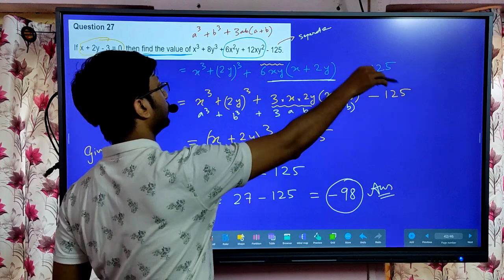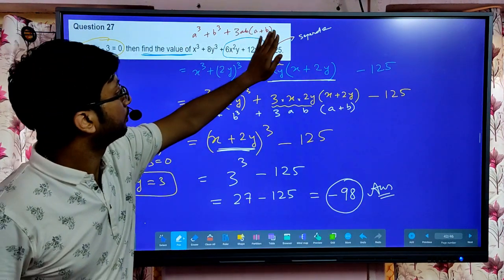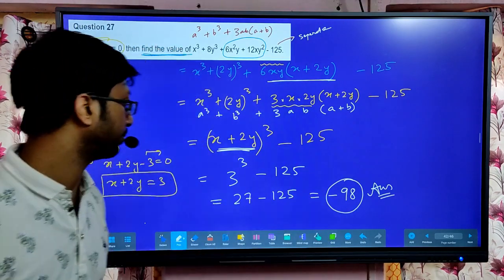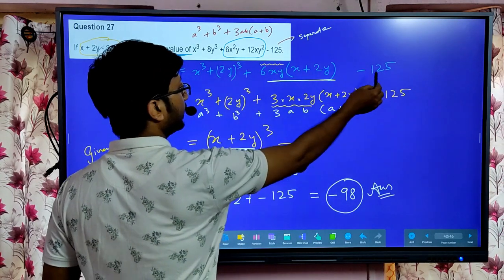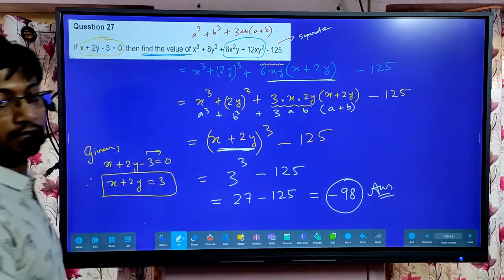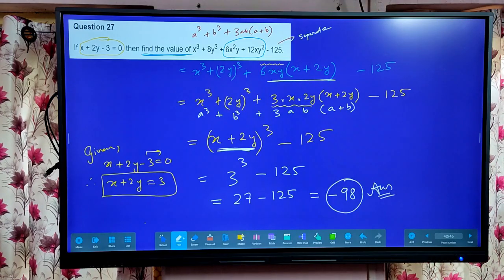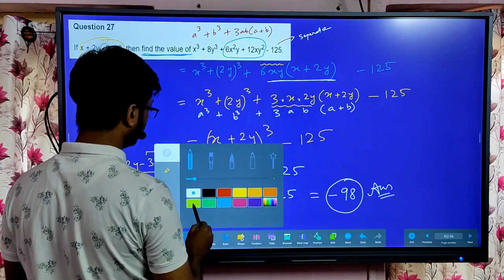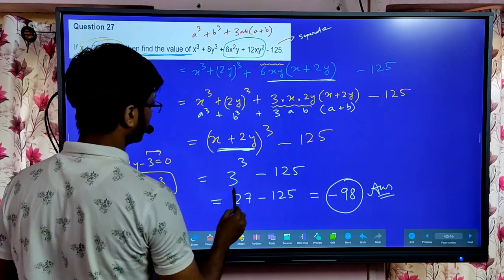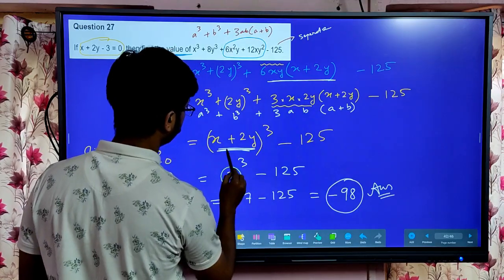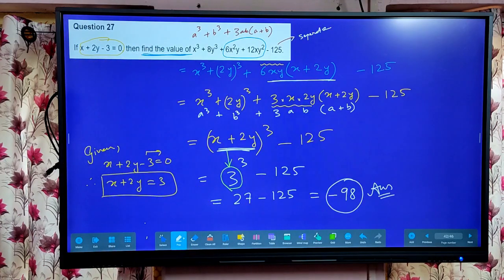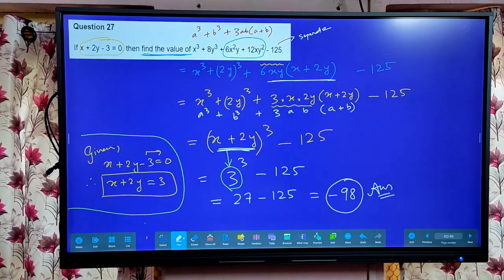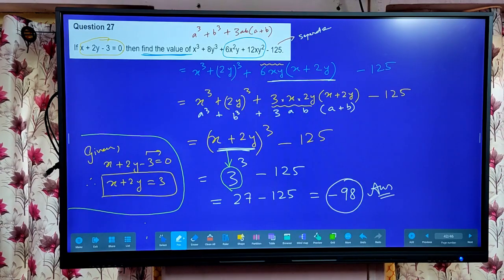This will stay separate, alone. Only this portion is the formula. 125 is separate. It will come and be calculated in the last step. See, 125 is getting carried forward and only used in the last step. This x plus 2y value is 3, and I have got this from what is given to us. So write it down. I will move on to the next question.